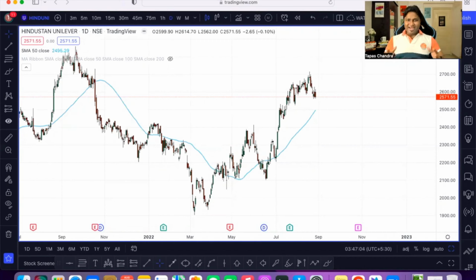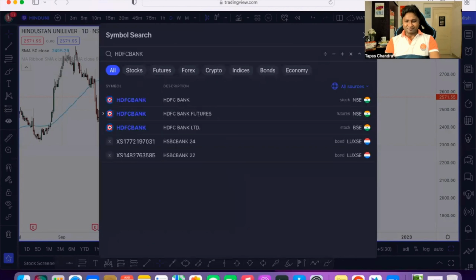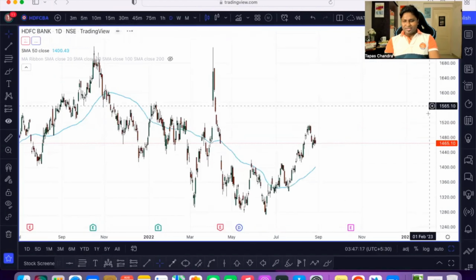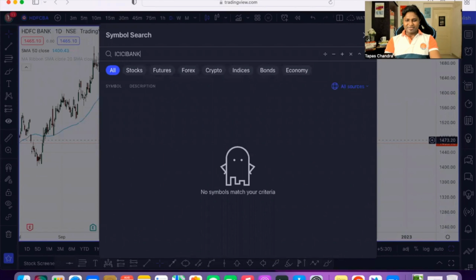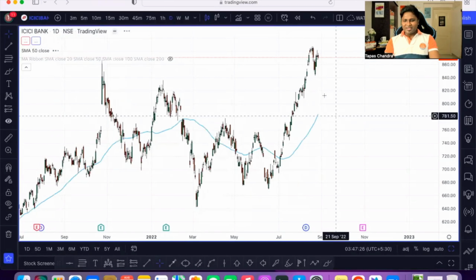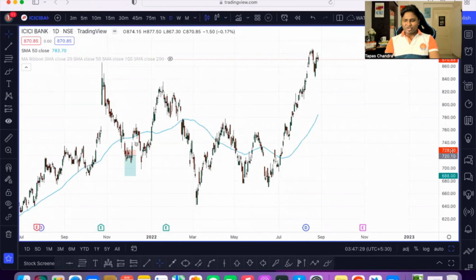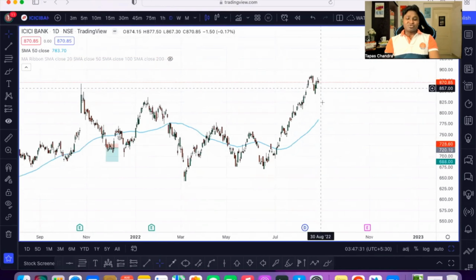There might be some cases when both of the stocks have the moving average below the stock price. Something like, if we go for HDFC Bank, you see here the HDFC Bank price is above the moving average. Similarly, ICICI Bank. If I open both the charts, what happens? ICICI Bank also has the moving average below the price. So in that case, what we can see is how much distance it is making.